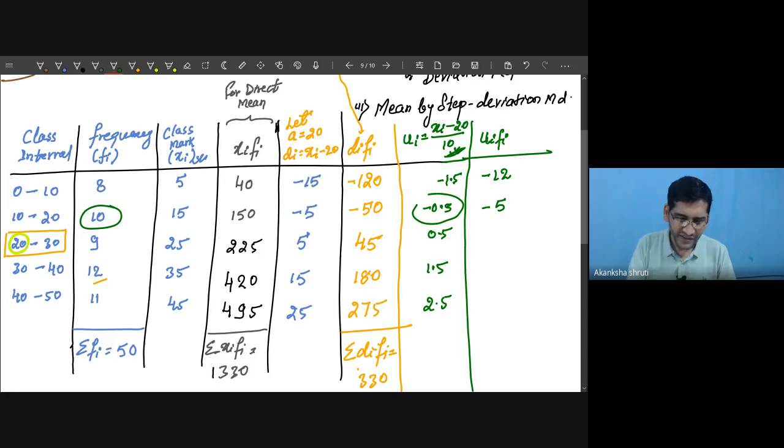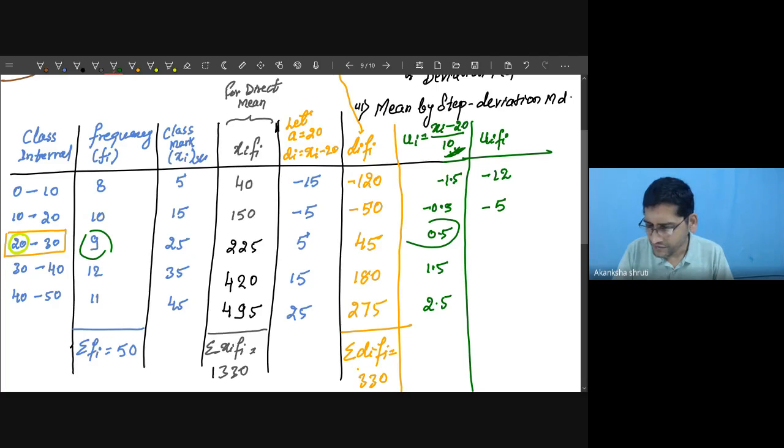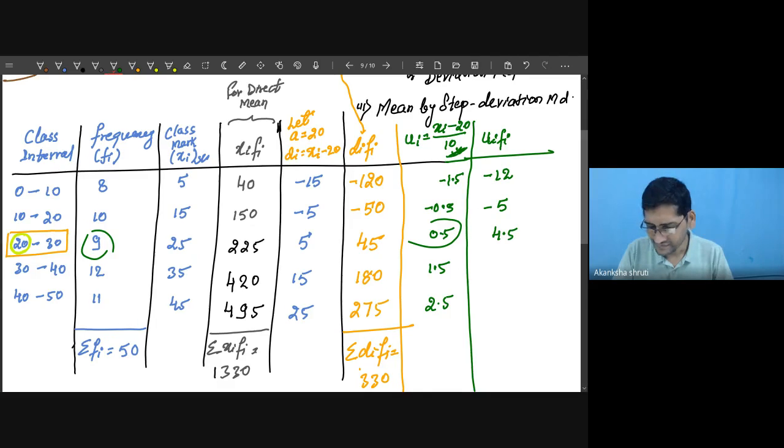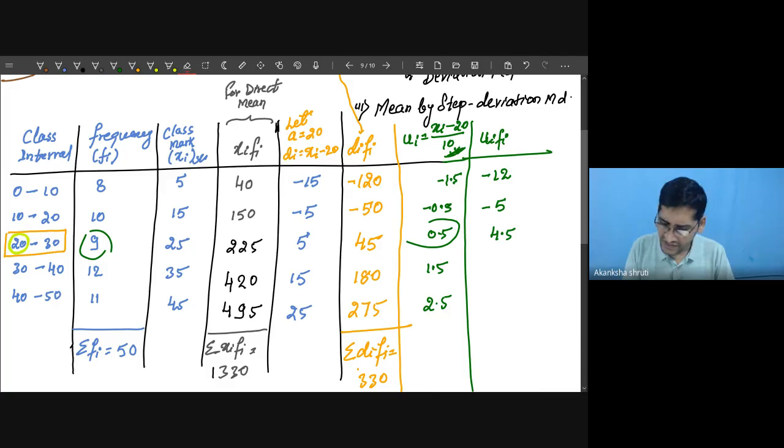The next time I need to take the next number. The next ui is 0.5, which has to be multiplied with this 9. So it is 4.5. The next one, go for changing this, is 1.5 to be multiplied with 12.